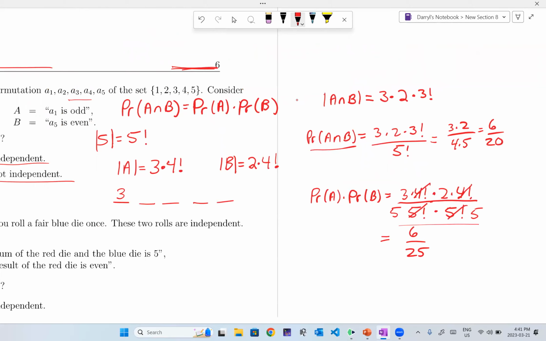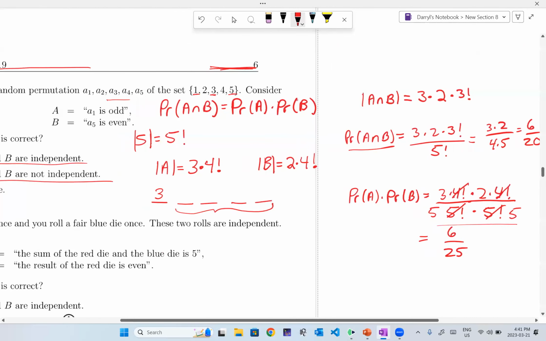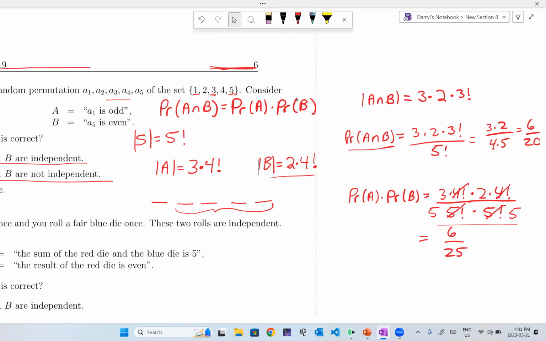I have 3 choices of odd numbers that can be 1, 3, or 5. Once I put 3 there, I have 1, 2, 4, and 5. I have 4 locations, and any order will do. So there's 4 factorial ways to arrange them there. And then I do the same thing for B. B is that the last number is even. I have 2 even numbers, 2 or 4. And once I do that, I have 4 factorial other arrangements.